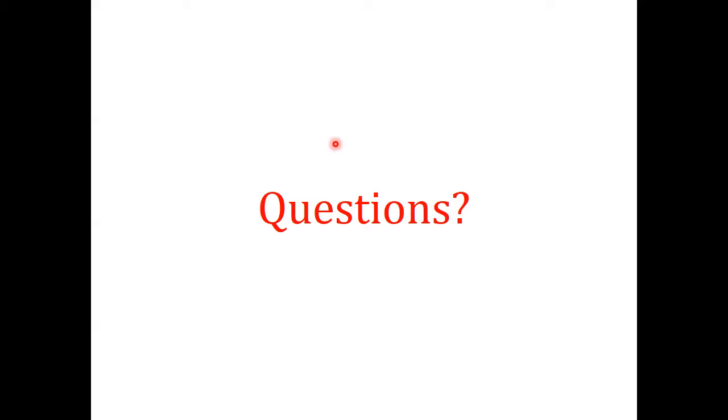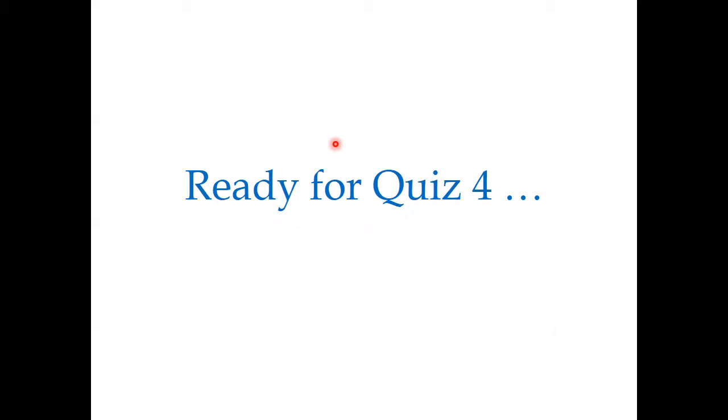So any question? If not, let's try our next quiz, which is quiz 4. In quiz 4, in each question you will be given a store instruction, okay, and then you have to tell us what data will be loaded into the address given in the instruction, okay.